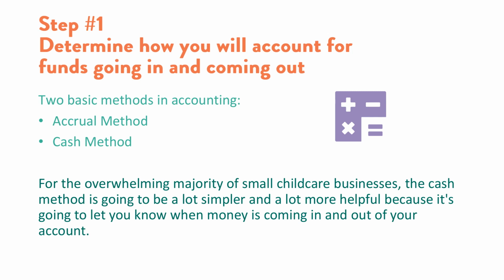Under the cash method, the $200 wouldn't be considered income until the parent gave you the check and you deposited it. For most small childcare businesses, the cash method is both simpler and more helpful because it's going to let you know exactly when money is coming in and out of your account. This method is more comfortable because it will in many ways match the act of balancing your checkbook, just in a bigger sense, and in a bigger way.